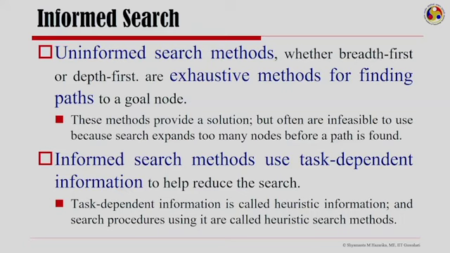On the other hand, we have informed search methods which use task-dependent information to reduce the search. The task-dependent information is called heuristic information, and search procedures that use it are called heuristic search methods.